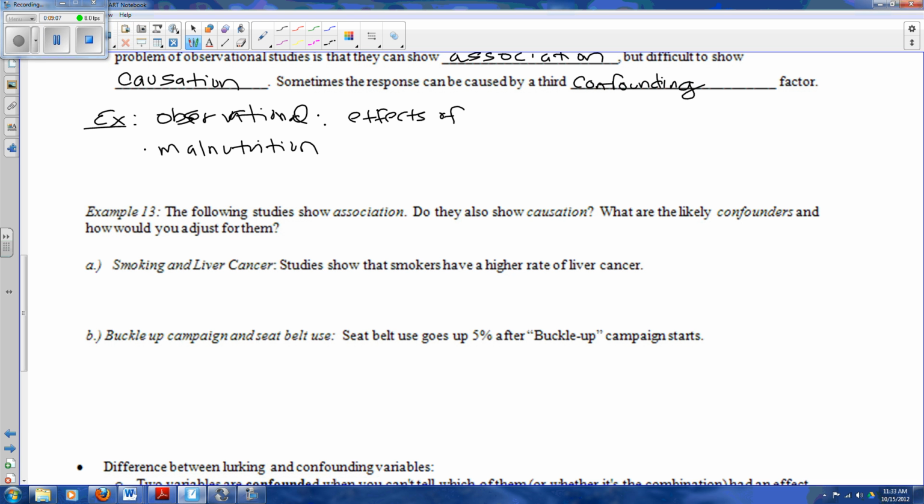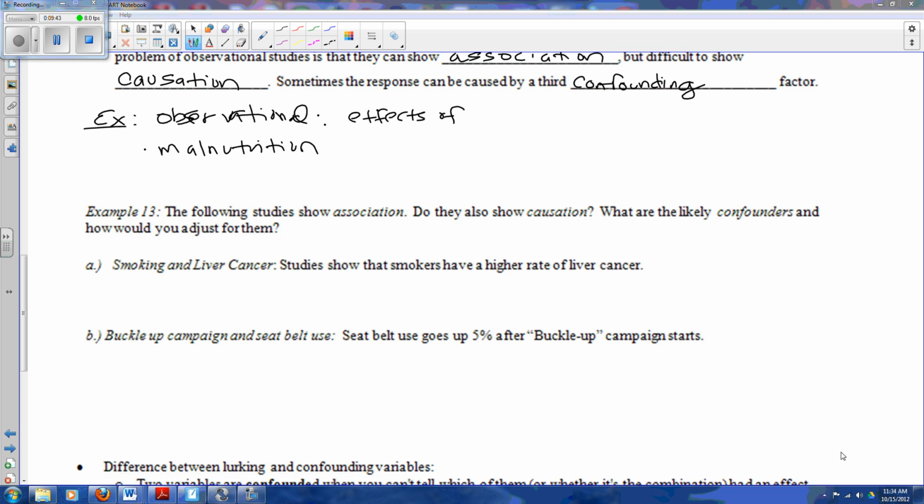Unfortunately, that just happens around the world, where people are not getting enough to eat, and how that affects your body. There, we can't actually conduct an experiment where you're not giving a certain group of people food. That's just unethical, inappropriate to do. But we do need to see what happens when people are without food, and so you can do an observational study on that where it's just happening around the world, and you're taking information from what is happening just by that being part of their daily life.